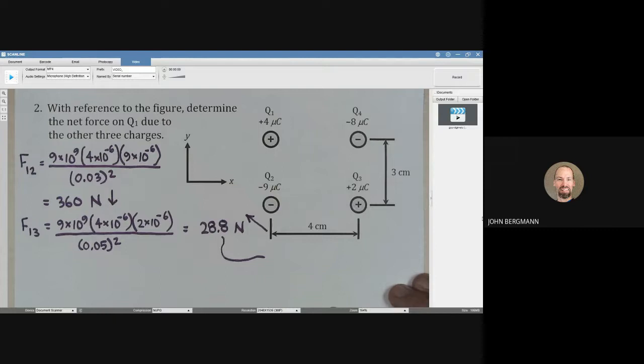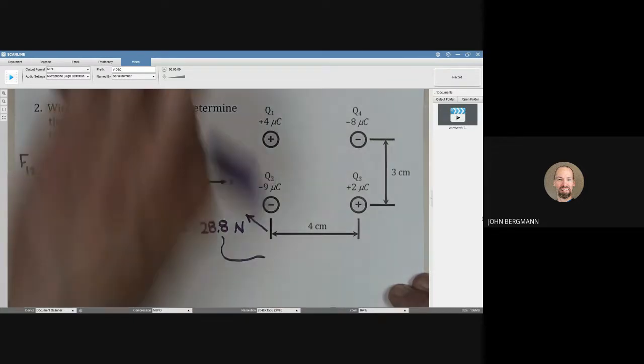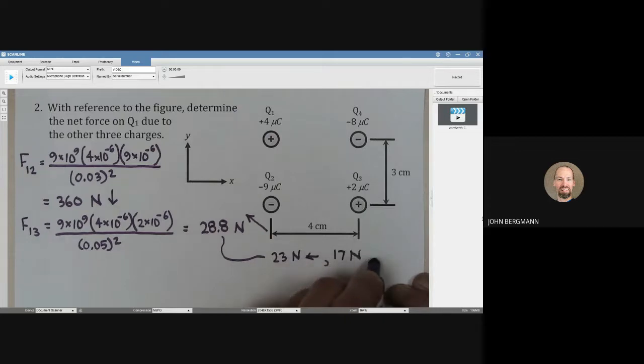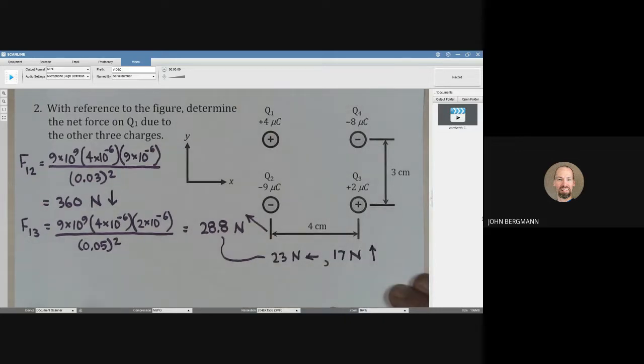I trust that you learned how to do that in a first-year physics class, and you're welcome to check if you wish. 28.8 newtons in that direction, given the dimensions of this figure, ends up being about 23 newtons in that direction and 17 newtons in the positive y direction. I'm not going to take the time to show you how I got those components. I trust that you know how to do that, or you can figure that out at some point.